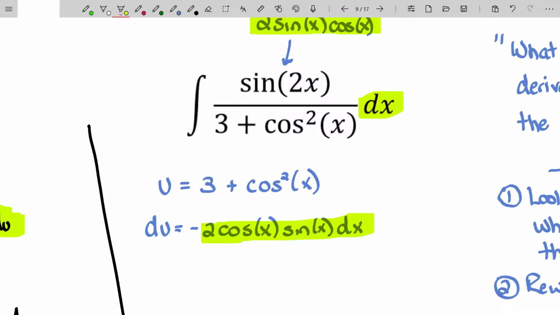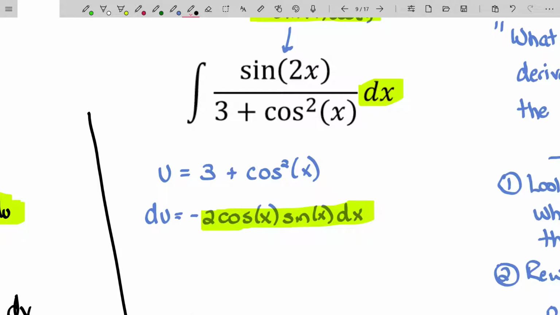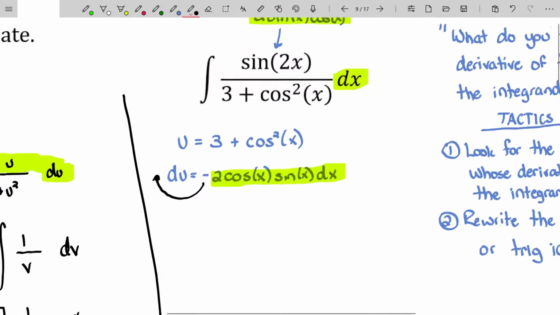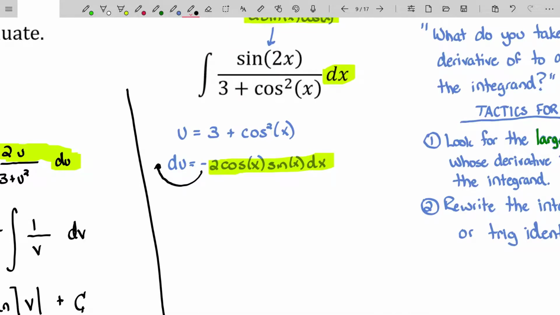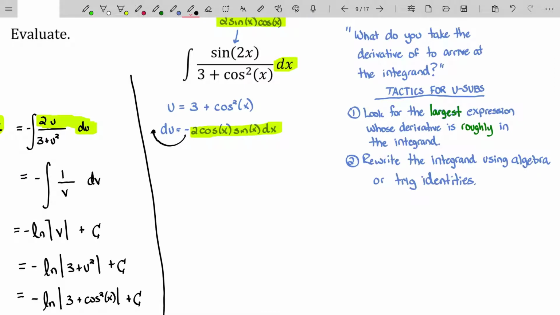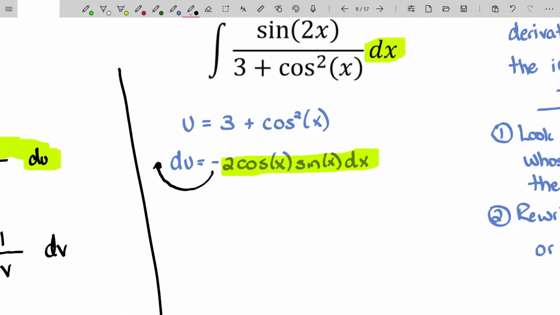So I'm going to steal all that stuff away and replace it with a negative. Let me just showcase that I'm going to move the negative to the other side. Replace it with a negative du. If you did that substitution, again, from my first piece of advice, look for the largest expression whose derivative is roughly in the integrand. So if you do that, you have the following integral.